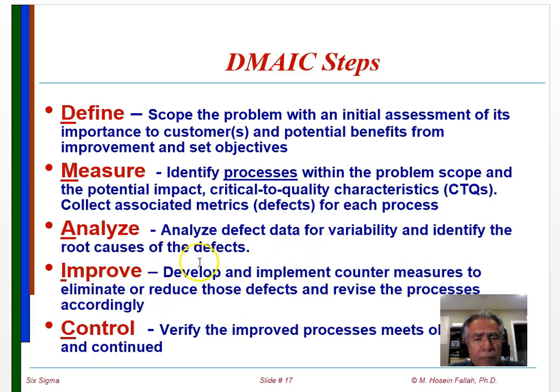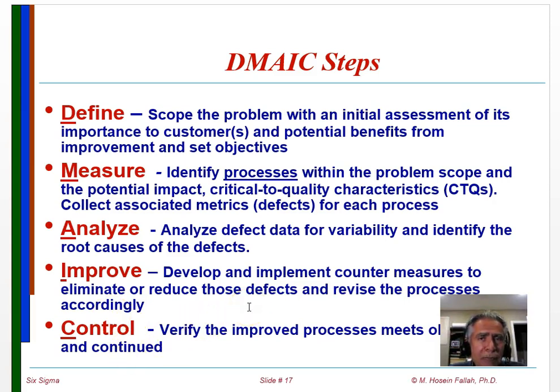With that phase done, we get into the improve phase, where, understanding the key root causes of the defects and variation, the project team can use brainstorming or other technical tools to find out how to counter those defects and remove them from the process, reducing process variation to improve process output.